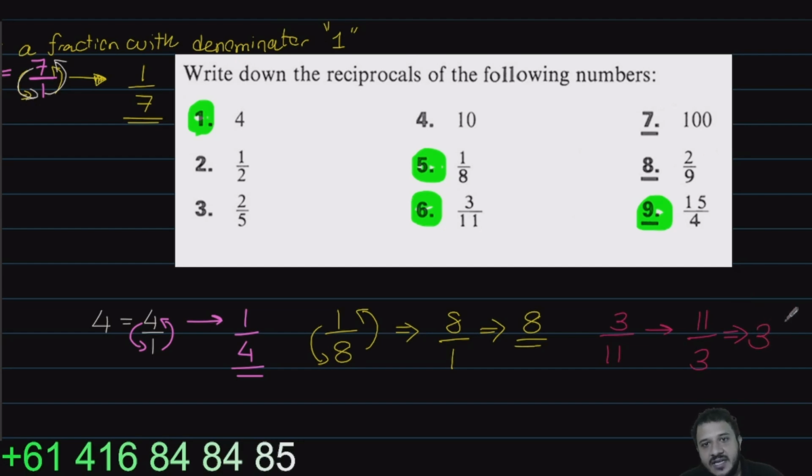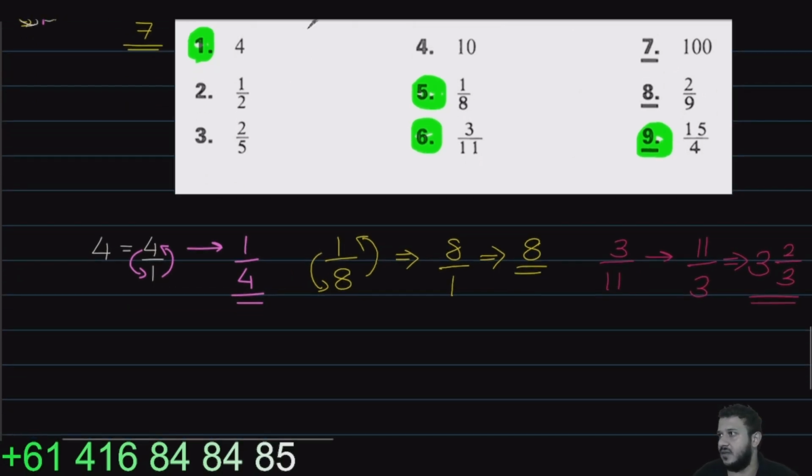That's a 3, left over 2 out of 3. 3 2/3 is the answer. And then the last one, 15 over 4, I can reciprocal it. That will become 4 over 15. That's it. Everybody good with that?